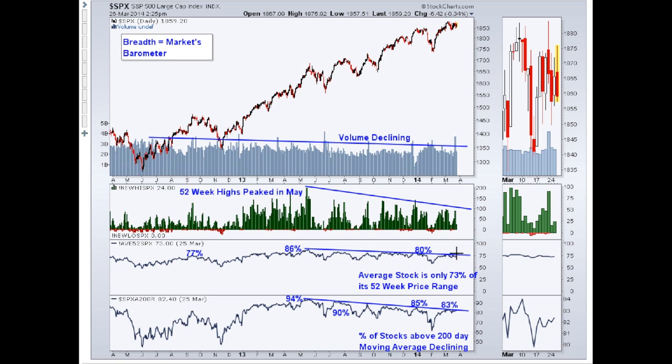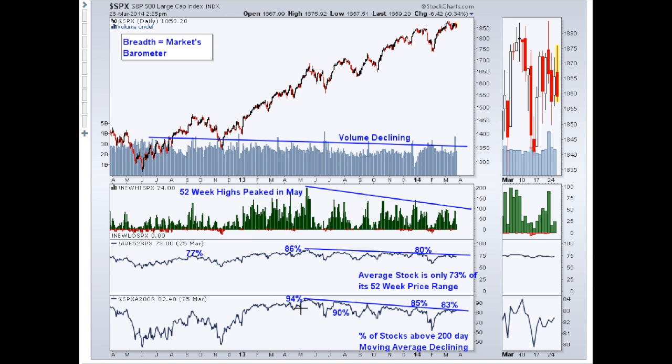That has been declining as well, now down below 75%. So the average stock today is 25% below the peak of its range of the last 52 weeks. This shows that more and more stocks are farther and farther away from their 52-week highs since May.